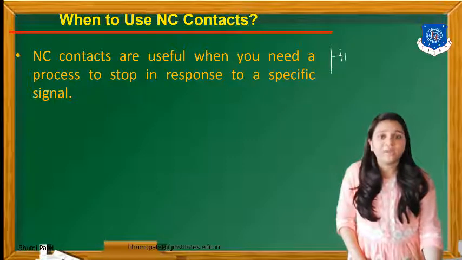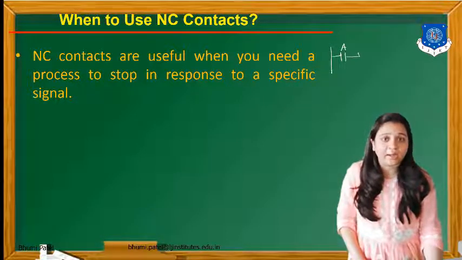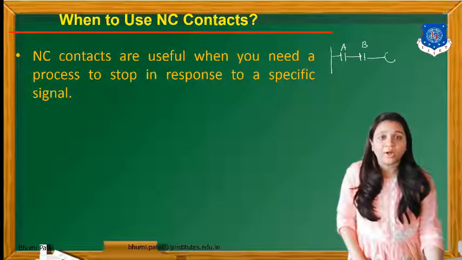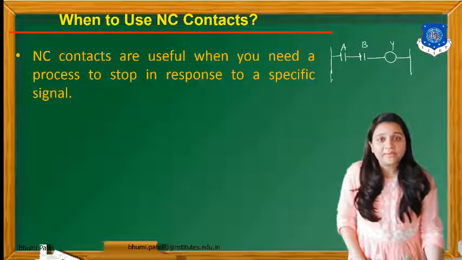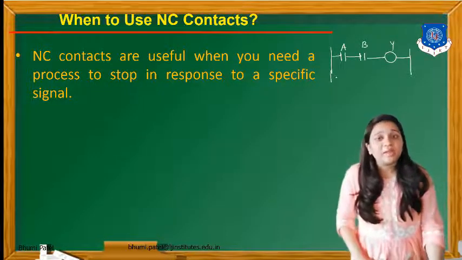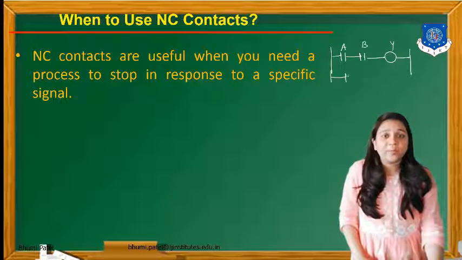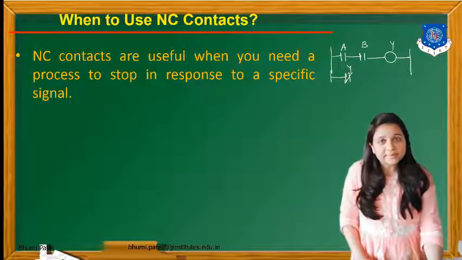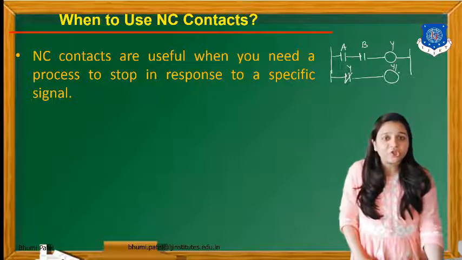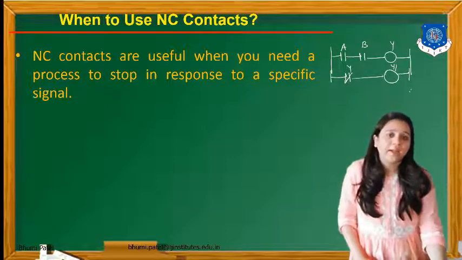When we deal with the two-input AND gate, A and B will be normally open contacts, and Y is the output of the AND gate. Whenever we deal with the NAND gate, we put Y as a normally closed contact, and Y1 is my actual output for the NAND gate.